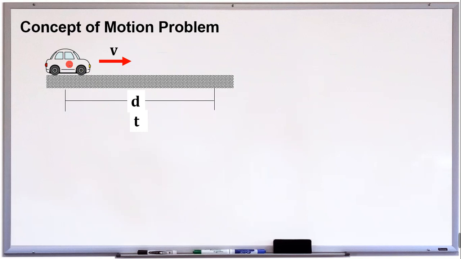We have here a car that travels on a straight pavement. Let's assume that this car covers a distance represented by this small letter d. That is, this car travels from this point, say point A, up to this point, point B.